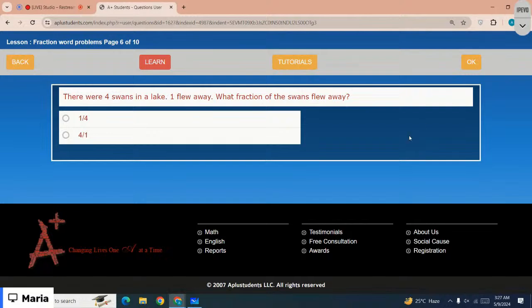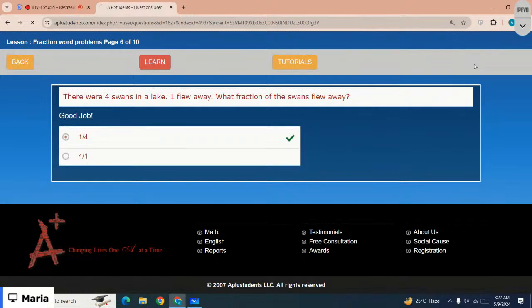One out of four it is, right? No, option number 1. Why four out of one? Numerator is always smaller than denominator.